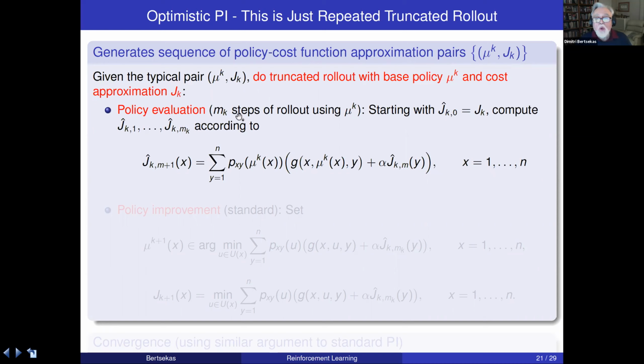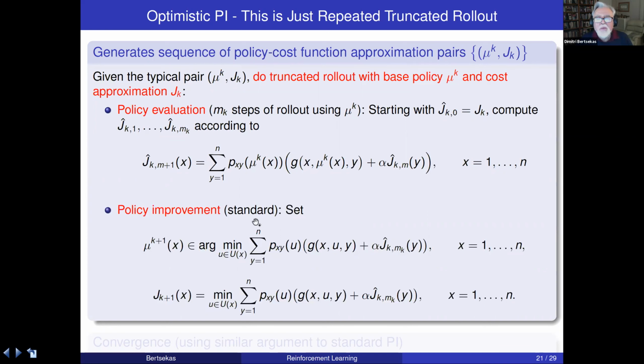Well, we do m k steps of rollout using mu k. We start with the terminal cost approximation and go back several times, iterating with the policy mu k to obtain the cost over m k stages. So start with this, generate T mu k of J k, then T mu k squared of J k, and so on for all states. So that's the policy evaluation.